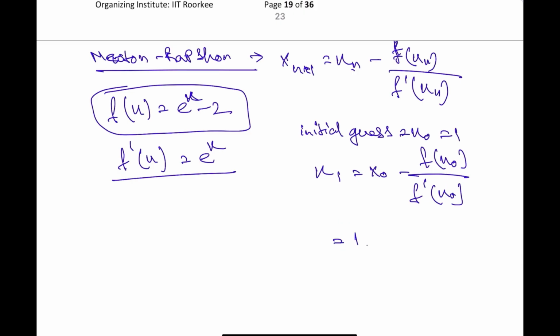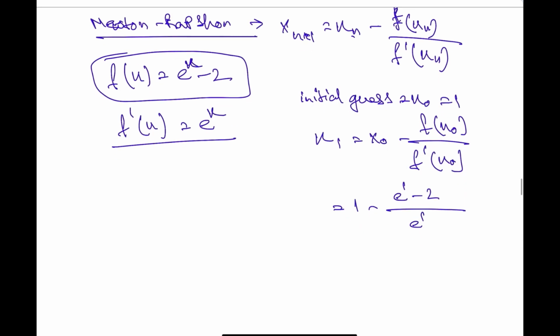So x0 is 1, and now we need to calculate the values of f of x0 by f dash of x0.